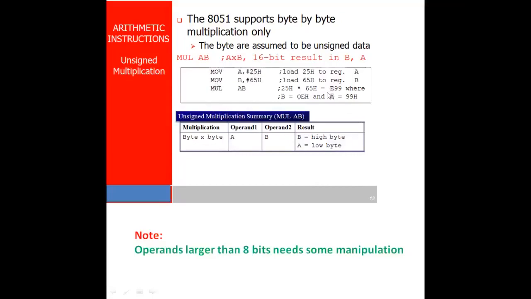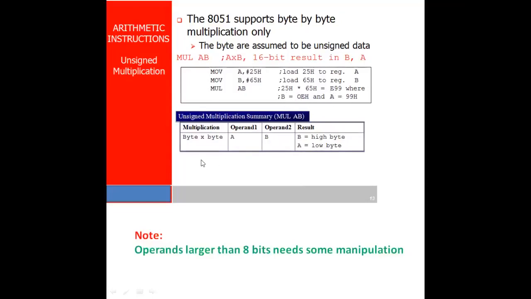The 16-bit result will be 0E99H. So 99H, the lower byte, will be stored inside the accumulator, and 0EH will be available in the B register.